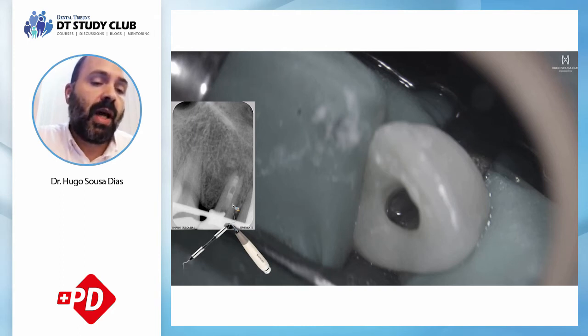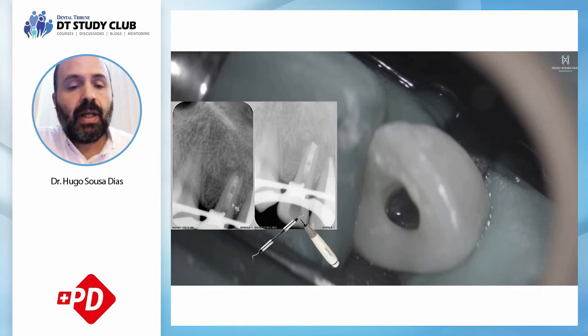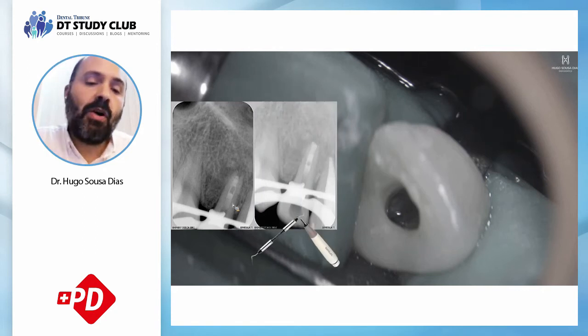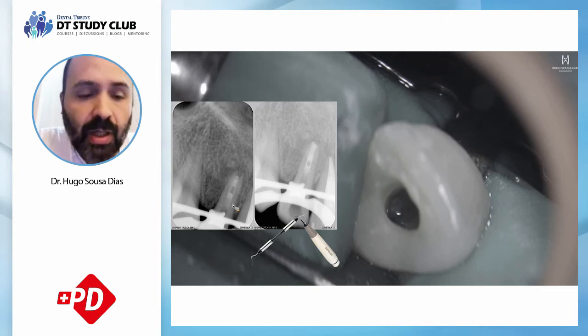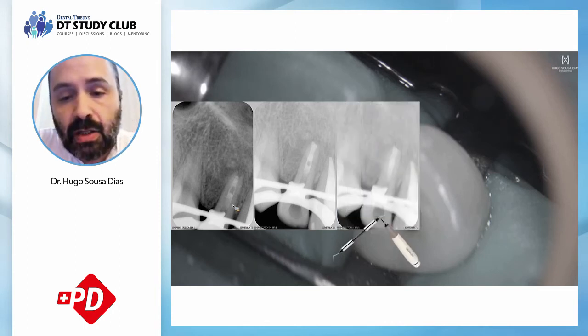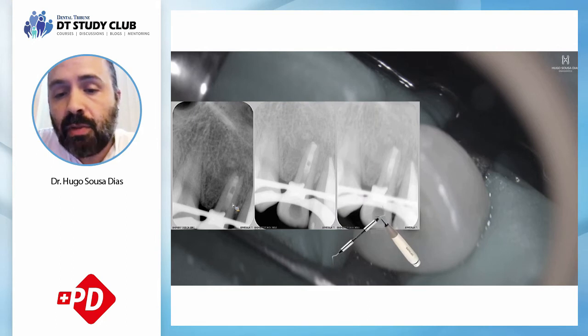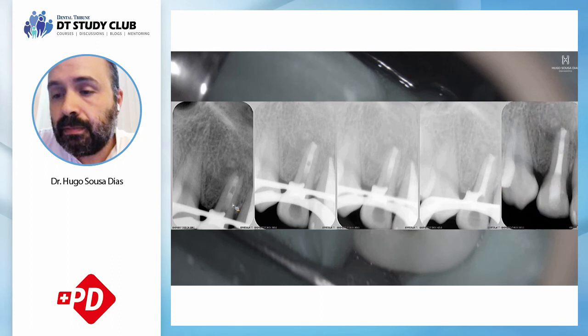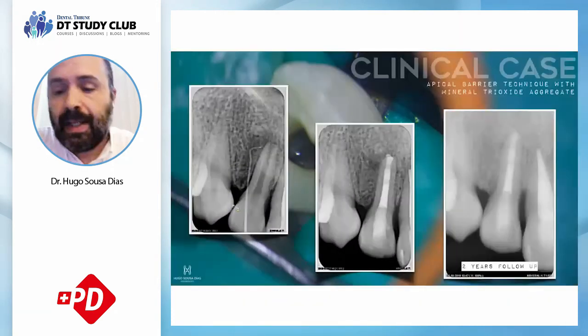In this way, I make a better condensation of MTA, and I can solve this problem. Third application, same problem, a void between the second and third application. I do it the same way until I have my apical barrier with around 3 to 4 millimeters length, as you see here. And a 2-year follow-up X-ray without pathology, without pain, a completely healed situation.